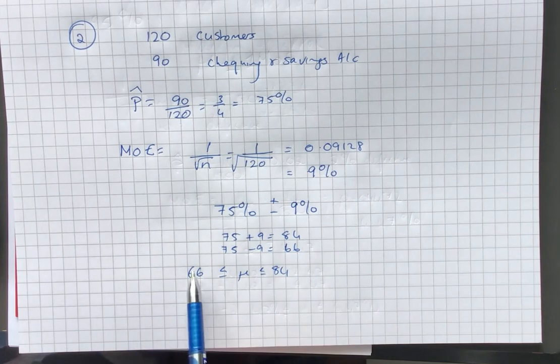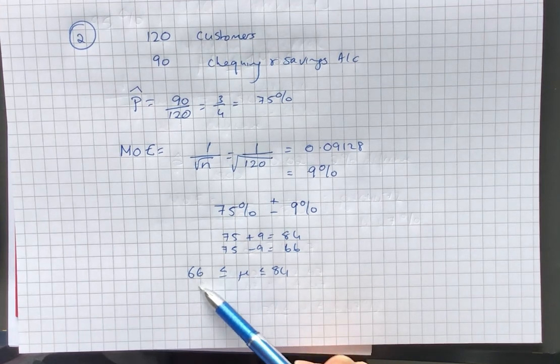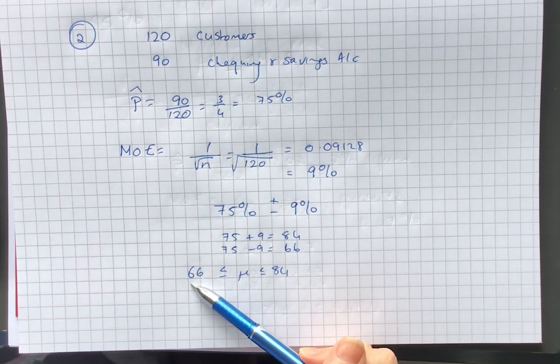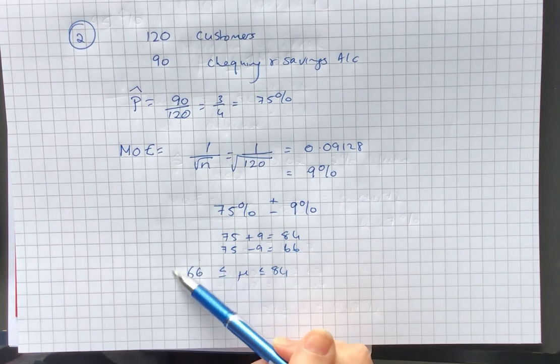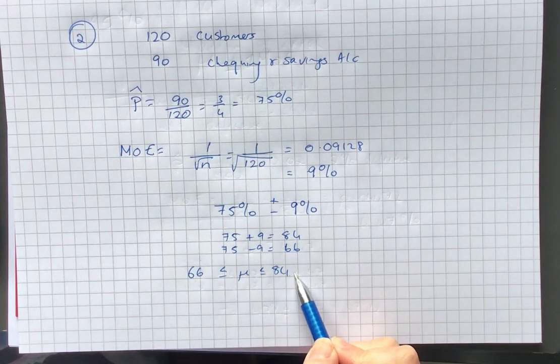I can say to you now with 95% confidence that the lowest number of people that would have a current and savings account would be 66%, and that the highest amount of people that I would expect to have a current and savings account is 84%.